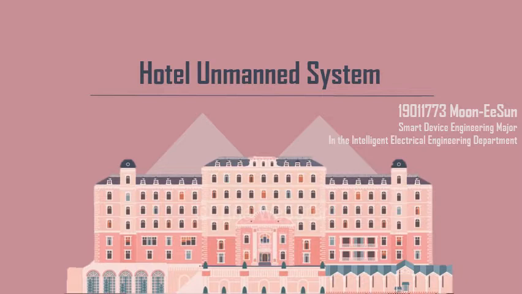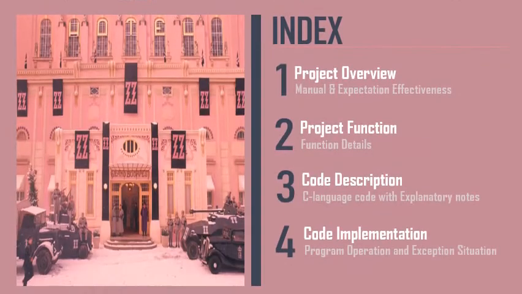The subject of the semester project of the data structure is Hotel Unmanned System. Here's the table of contents. First, I will outline my project and talk about the manual and the expected effects, and then explain the functions used in the project.